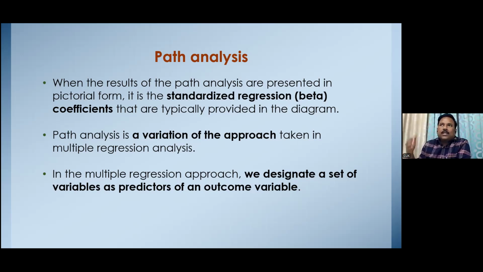In multiple linear regression, you have one outcome variable measured using continuous data, and you have several predictor variables, which can be continuous or categorical. That's where we use multiple linear regression.